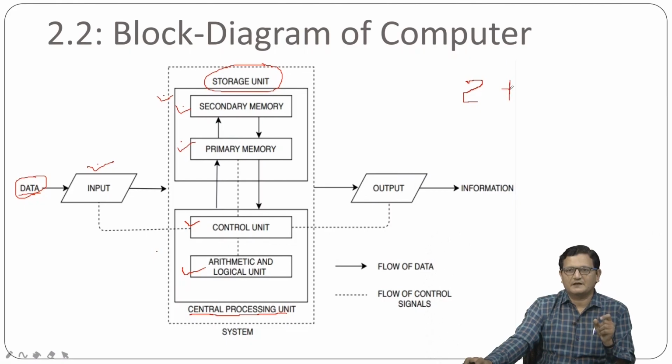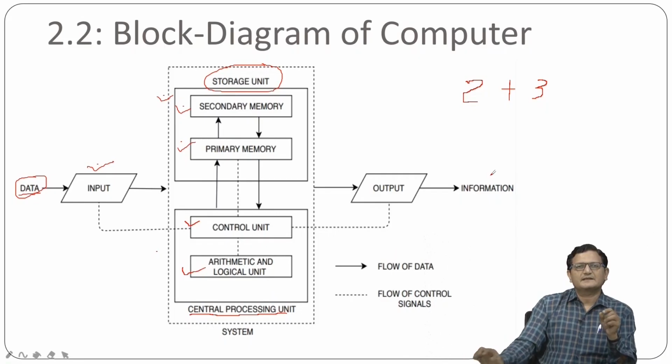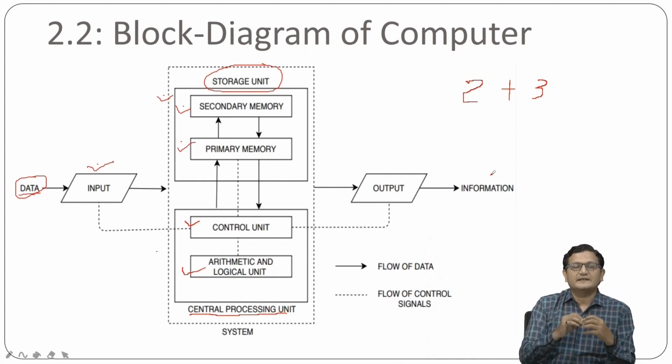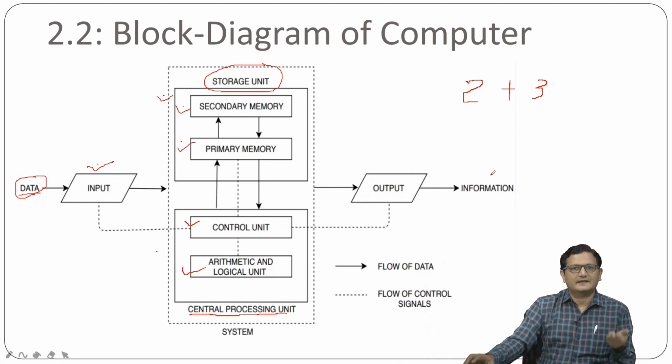So here the computer needs to add these 2 numbers, okay, and there is a separate circuitry which is called an adder, right? Adder is the circuitry which takes 2 inputs, 2 and 3, and it will produce 5. Okay, so the adder is one circuit, and that has to be used because here you have used this operator called plus, right?